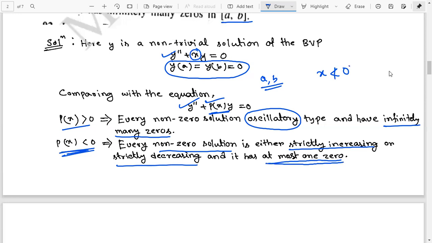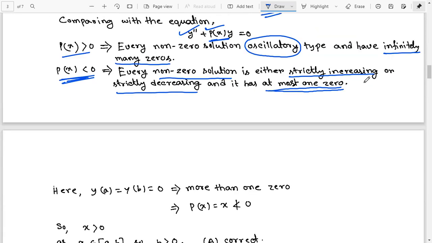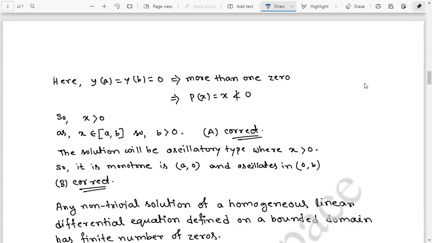So x is not less than 0, so x will be greater than 0, and x belongs to the closed interval [a, b]. We cannot say anything about a, but since x is positive and x is in between a and b, it is clear that b will also be positive.